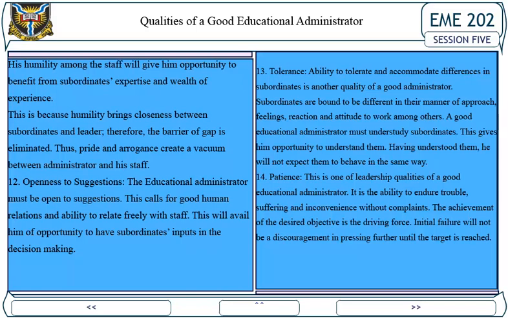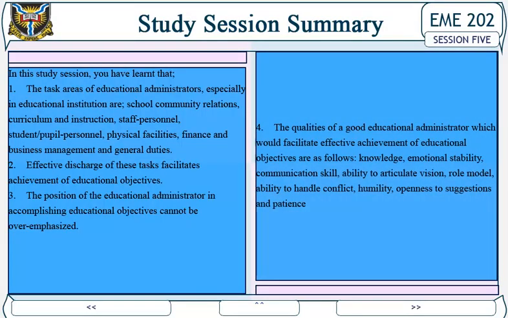11. Humility. A good educational administrator must be humble in every situation. He must realize that administration is getting things done with the assistance of subordinates. His humility among the staff will give him opportunity to benefit from subordinates' expertise and wealth of experience.